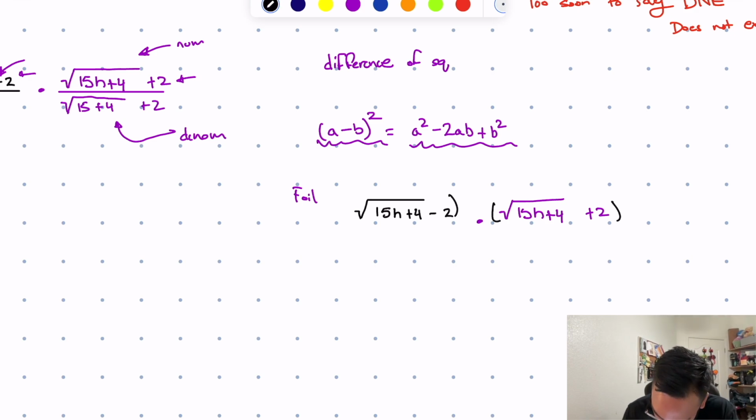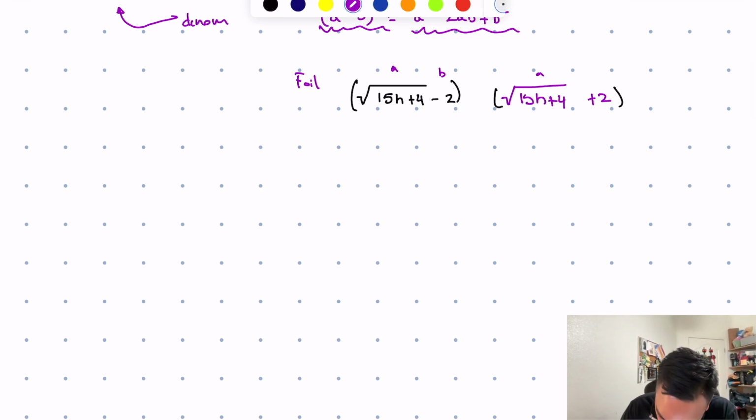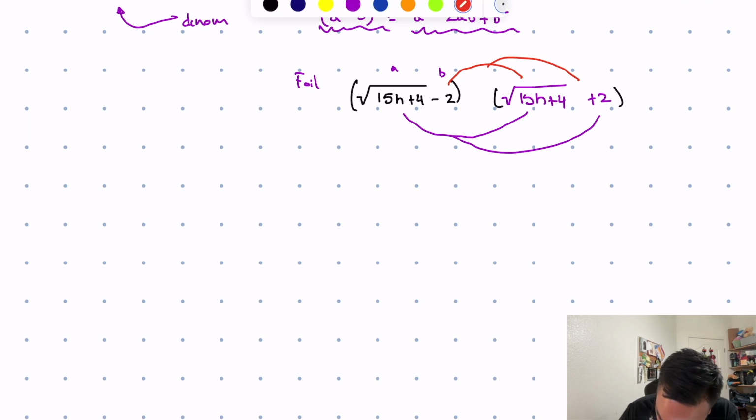If we do just the top portion, we can recognize that this is A, and this is B, and this is A, and this is B. So, if we use the FOIL method, and we multiply the same thing with 2, what we're going to get is the root of 15h plus 4 squared, which is just going to be 15h plus 4, because root squared times root squared is just the number.